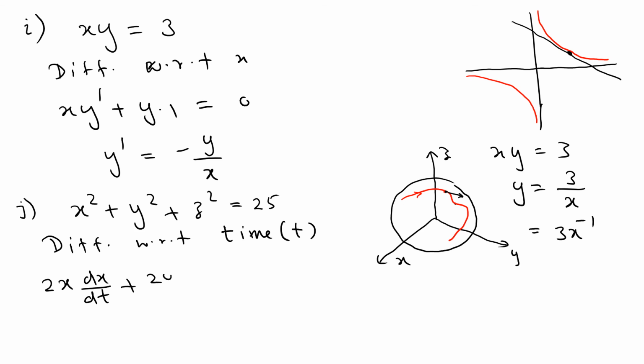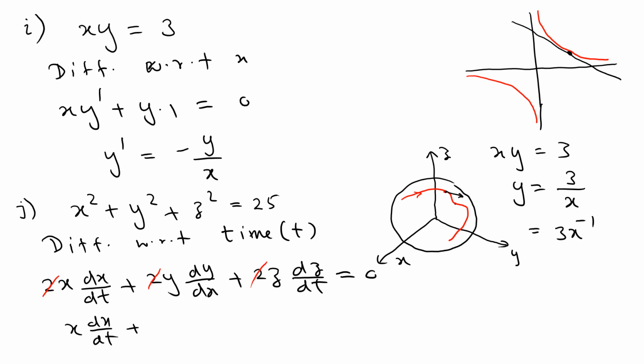Again, 2y, we have dy over dt, plus 2z dz over dt. Constant means 0. And then you can cancel 2. You get the equation x dx over dt plus y dy over dt plus z dz over dt.